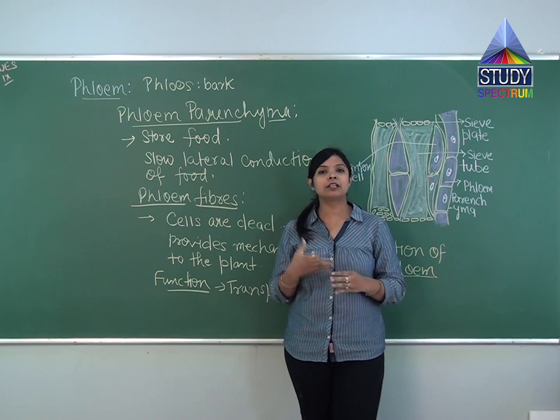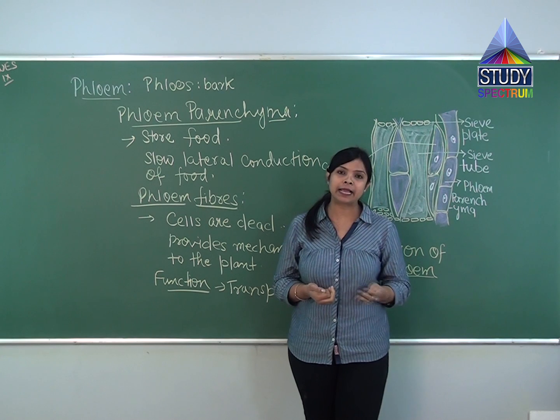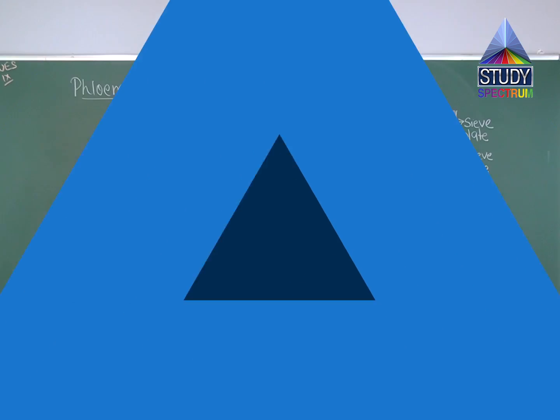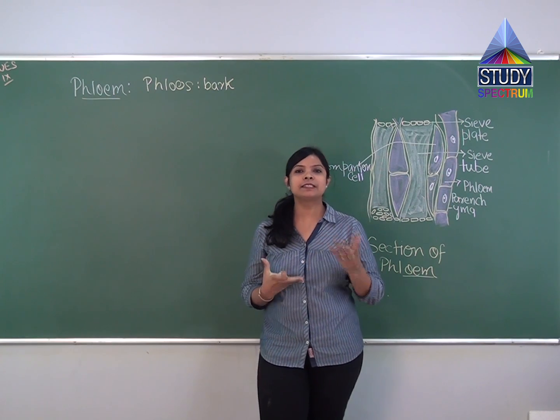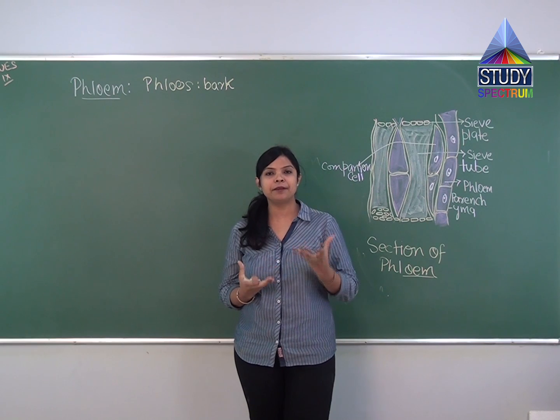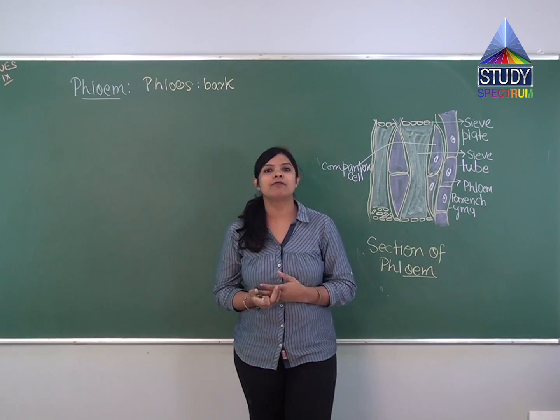Now we are going to discuss the main difference between the xylem tissue and phloem tissue. So students, here we have discussed xylem tissues and phloem tissues. You should also know the main basic difference between the xylem and phloem. If you see the xylem, what is its role?